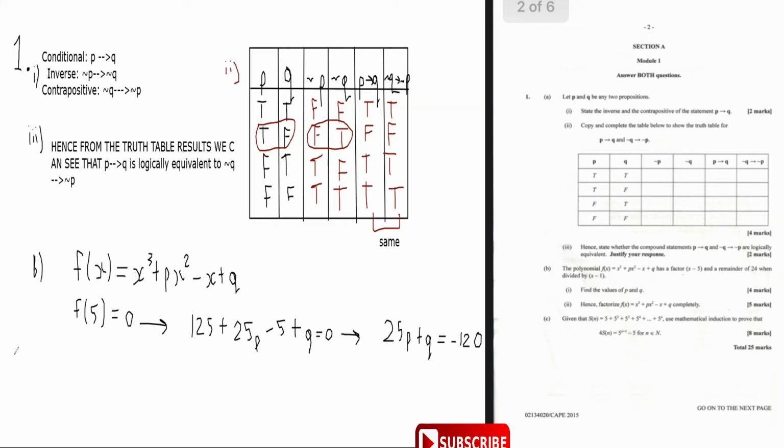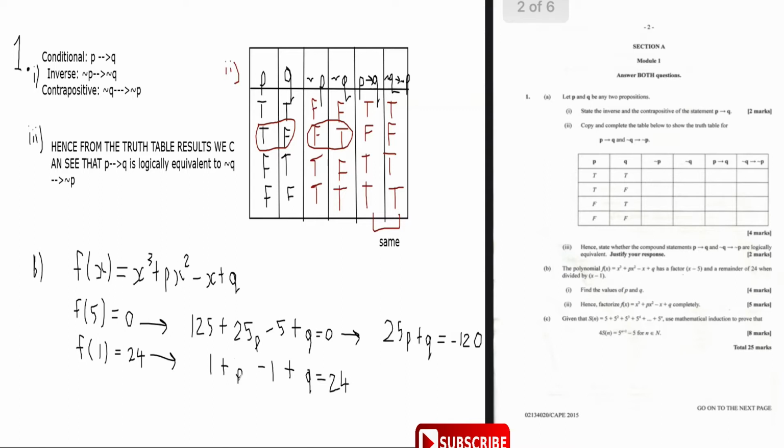The second equation that we're going to generate says it has a remainder of 24 when divided by x minus 1. So what they're telling you then is f of 1 is equal to 24. That's the remainder. So all we need to do is substitute x as 1 into the equation, and we're going to get 1 plus p minus 1 plus q, and that's equal to 24.